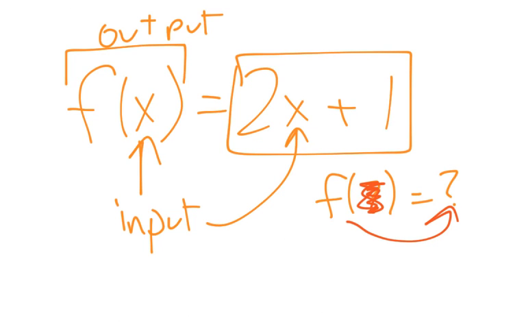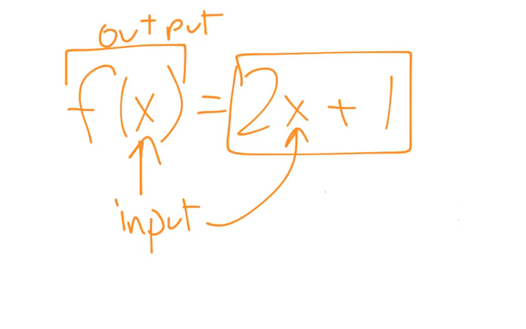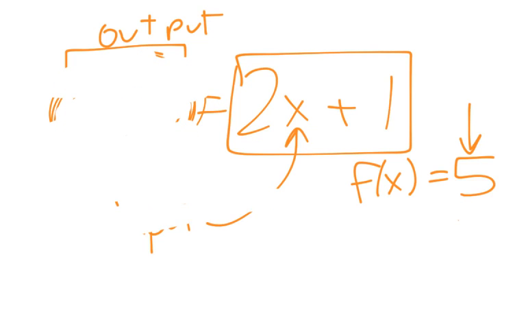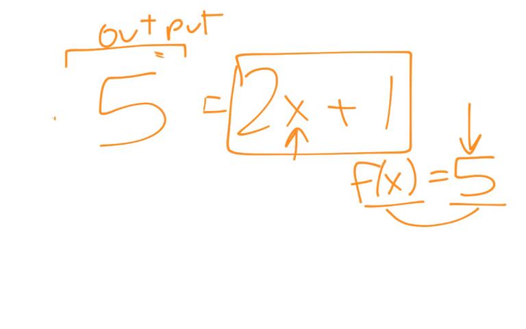So now the idea on this other type is that we're told f of x equals something. So we are given the output, and we're going to replace f of x with that number because they're equal. We can do that.